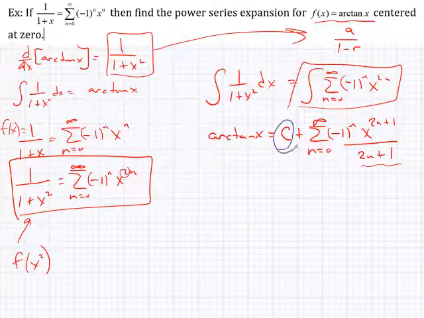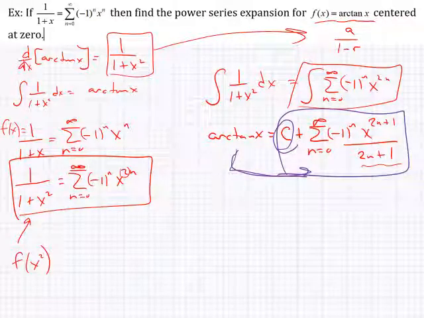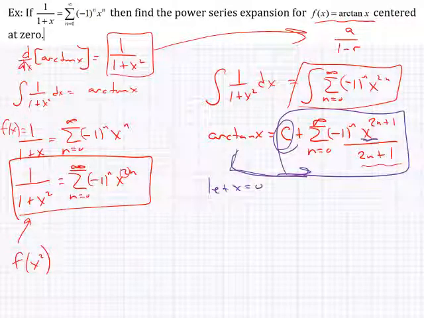Now we have the c sitting here, which is just some random constant. If we could figure out what that constant is, then we could come up with the exact power series for arctan. Now remember, as long as we stay inside the interval of convergence, this function will equal this. Well, you're always guaranteed to be inside the interval of convergence as long as you choose the center. The center of this power series is 0. So if I let x be 0, I know for sure that this power series will converge and this equality will hold.